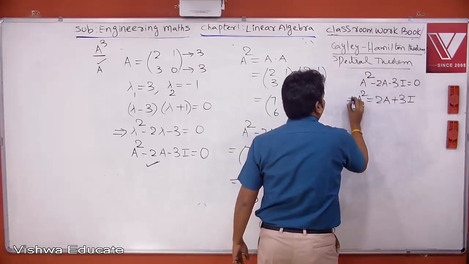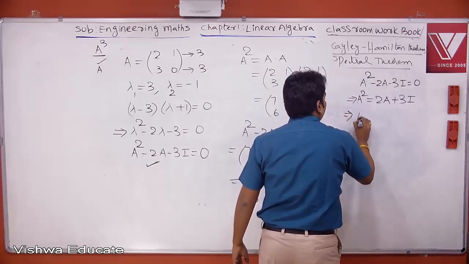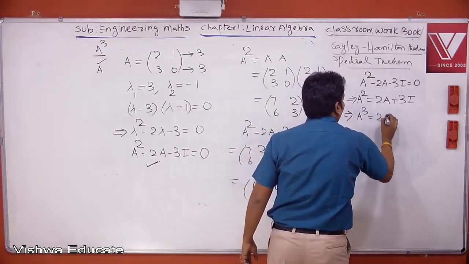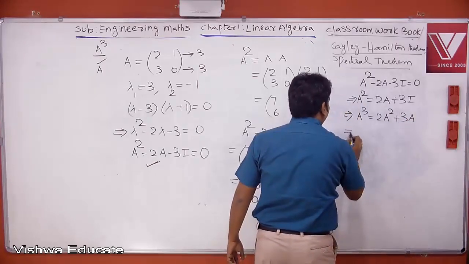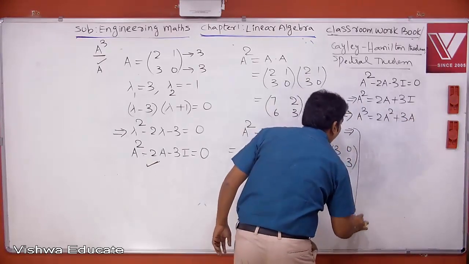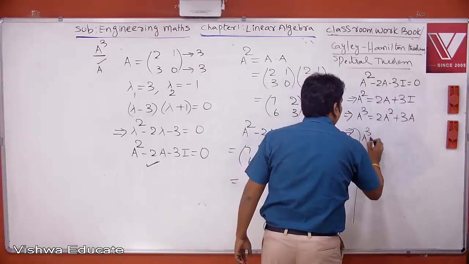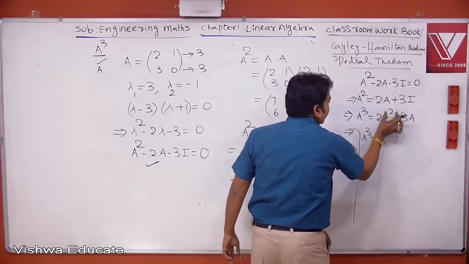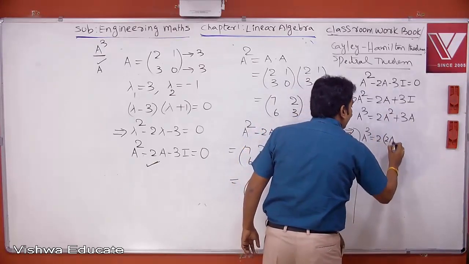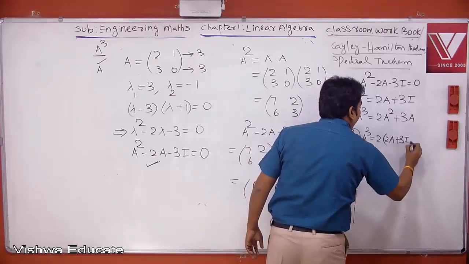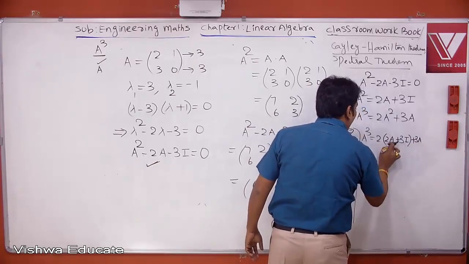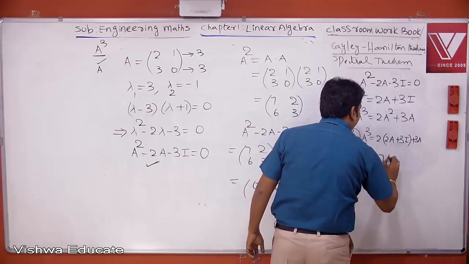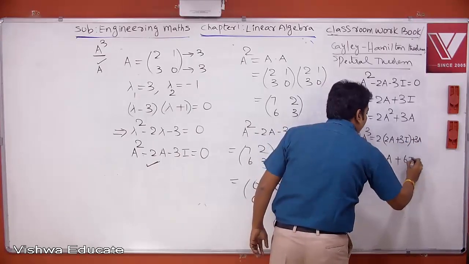Now let us multiply this equation with A. So A cube equal to 2A square plus 3A. This implies A cube equal to 2 into this, A square is replaced by this quantity, so 2A plus 3I, plus 3A. Therefore, this is 2 twos is 4 plus 3, 7A plus 6I.